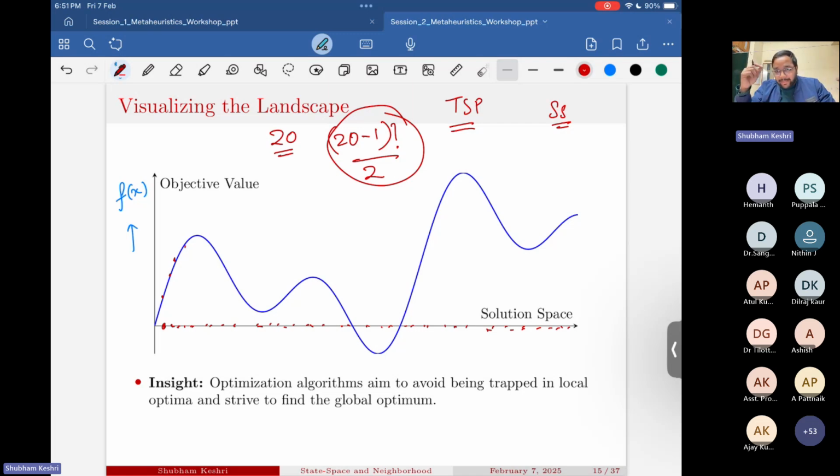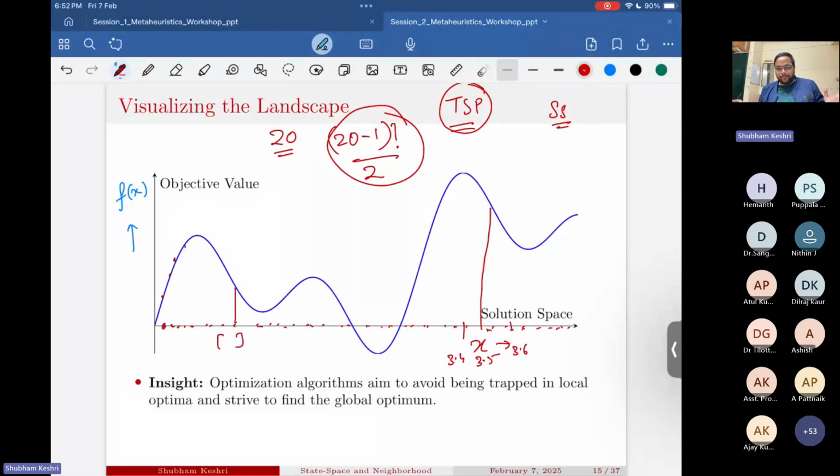But a better question to ask is, I have taken a real valued x and given this landscape. We can define a neighborhood very easily for a real valued number. We are saying that it starts from 3.5, we will go to 3.4 and 3.6, right? But how will we define a neighborhood for a traveling salesman problem? Suppose we have one permutation.